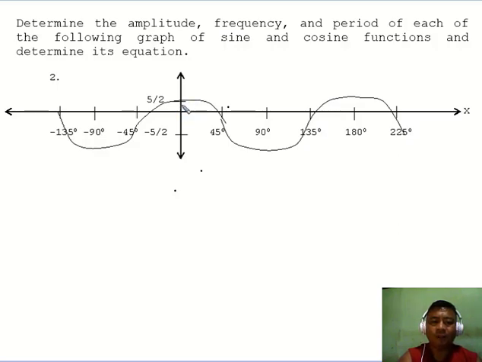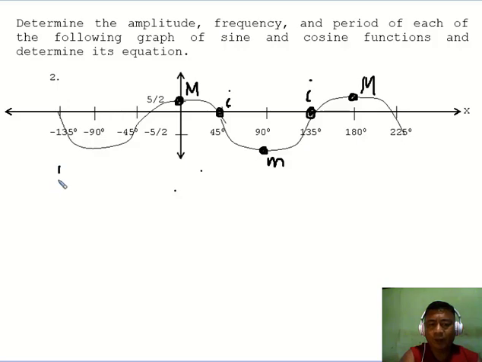If we consider this point here, this is simply the maximum point. This point here is simply the intercept. This point here is the minimum point. This point here is the intercept. And we have this point, which is the maximum point.